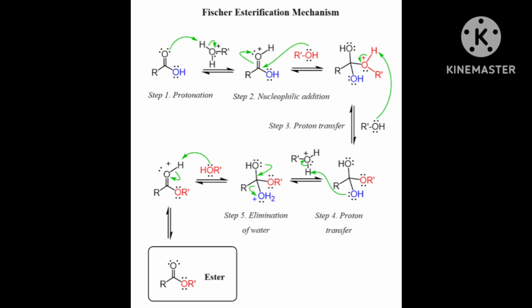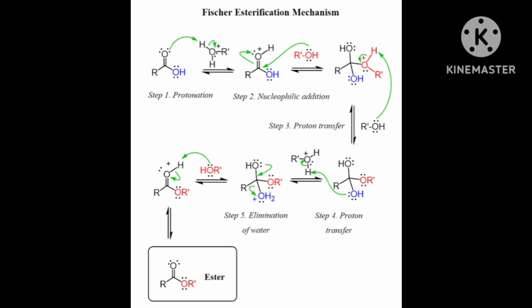Now another reaction I want to tell you is with thionyl chloride, SOCl2, means carboxylic acid plus SOCl2. This reaction is again a very important reaction. Remember, this reaction is also asked in examinations in different forms. Here also the same thing will happen.